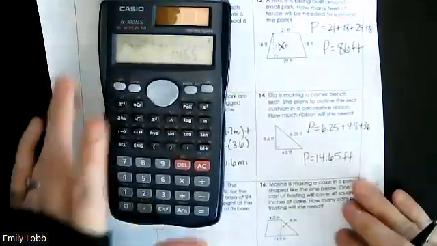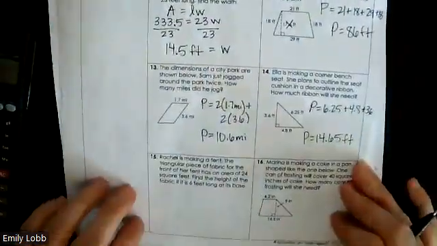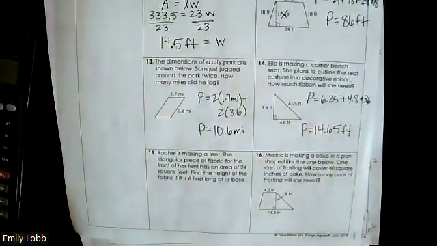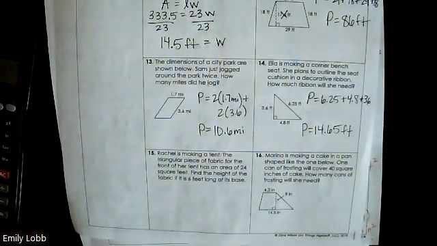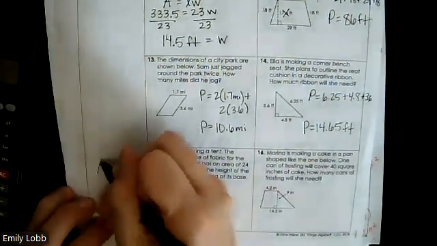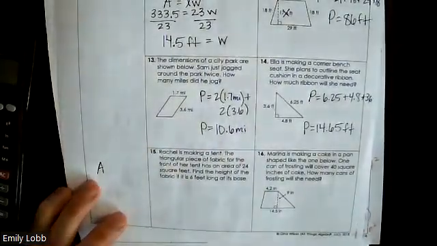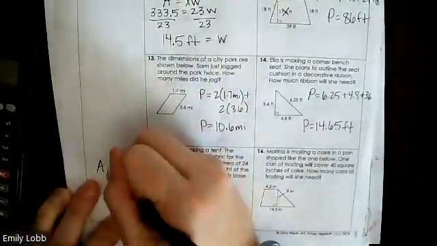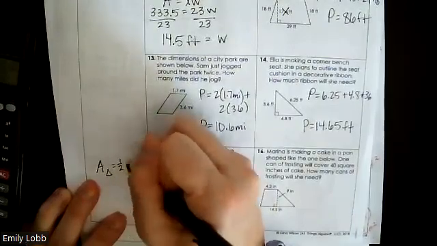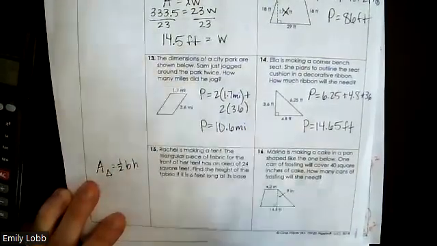All right, I'm guessing since we've had a lot of perimeter that we might deal with area, but maybe not. Rachel is making a tent. The triangular piece of fabric for the front of her tent has an area of 24 square feet. Find the height of the fabric if it is 6 feet long. So remember, the area of a triangle is equal to 1/2 the base times the height.